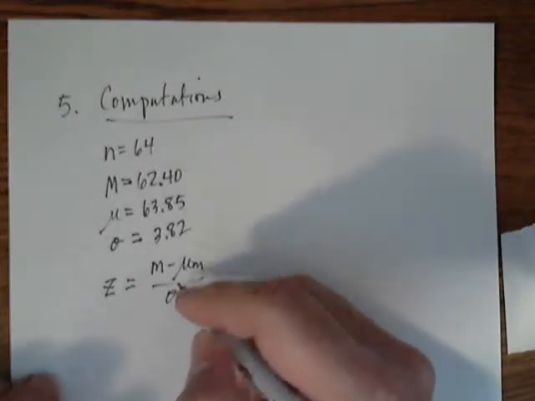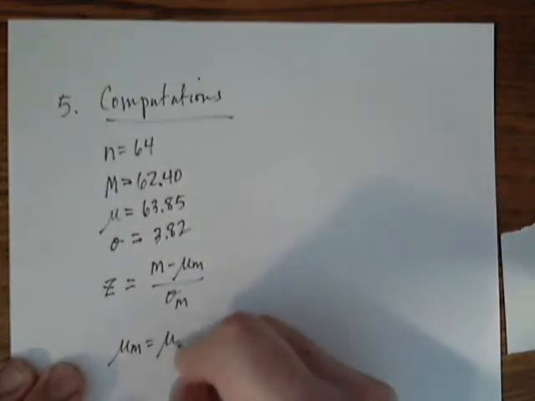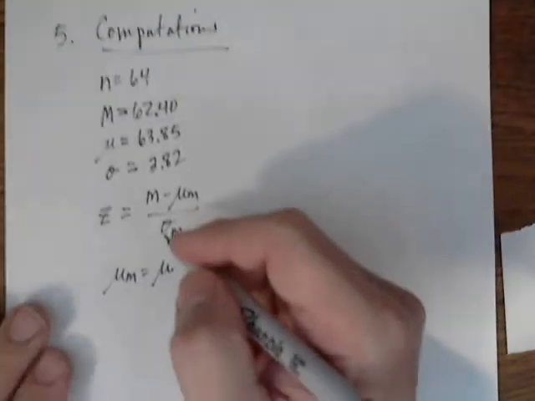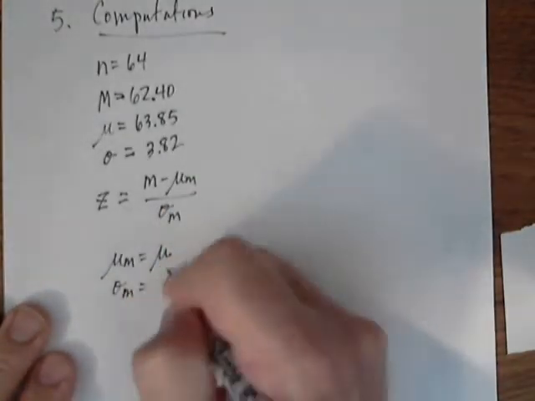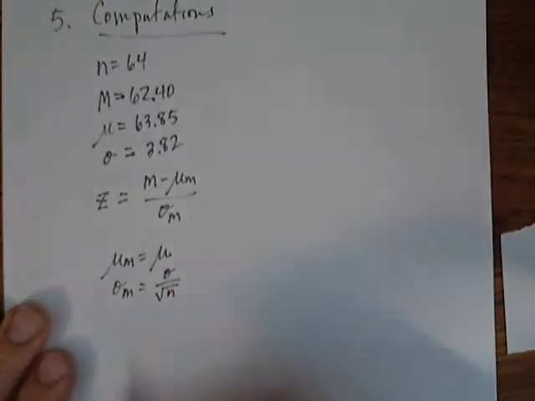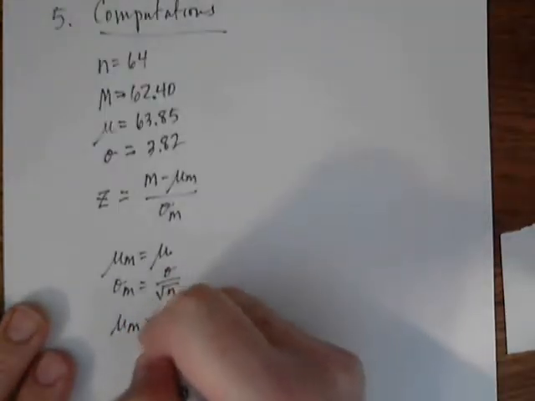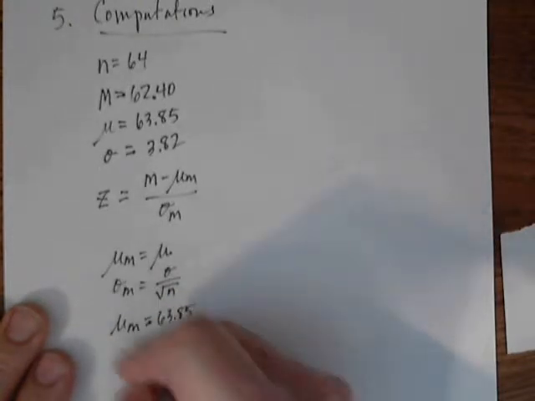We know from the 3 amazing facts that mu sub M is equal to mu. And the second amazing fact is that sigma sub M is equal to sigma divided by the square root of n. So in this case, mu sub M is equal to 63.85.